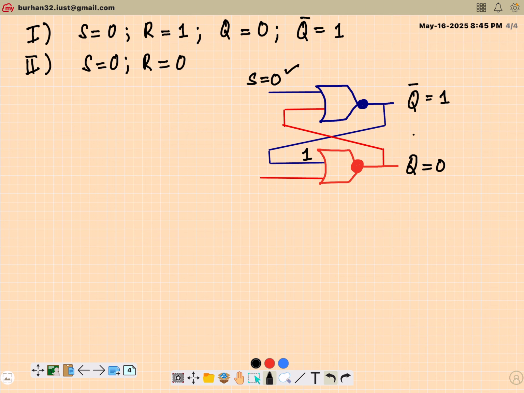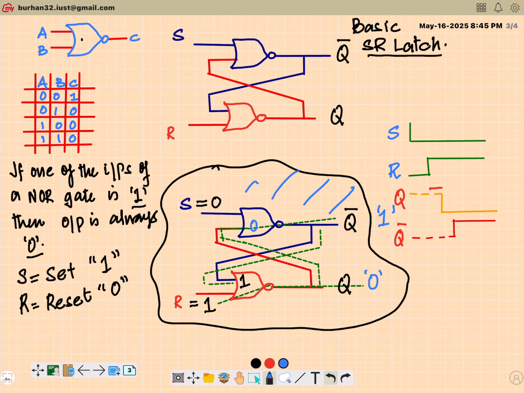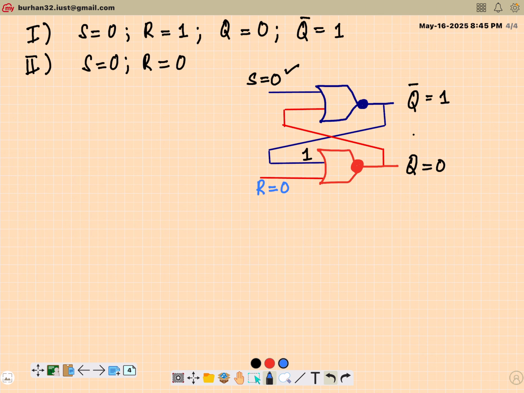Fine. So I had achieved this state, this one. Now, with this as the previous state, my next state is defined like this, wherein I am keeping S equivalent to 0, but R I am changing to 0. Fine. And now when I make this change, the lower NOR gate still has one of the inputs as 1, because of this feedback connection, which means its output will continue to stay at 0. Earlier it was because of this input.